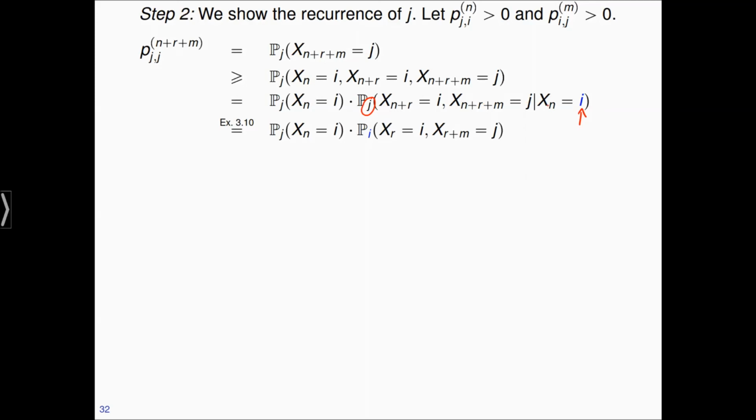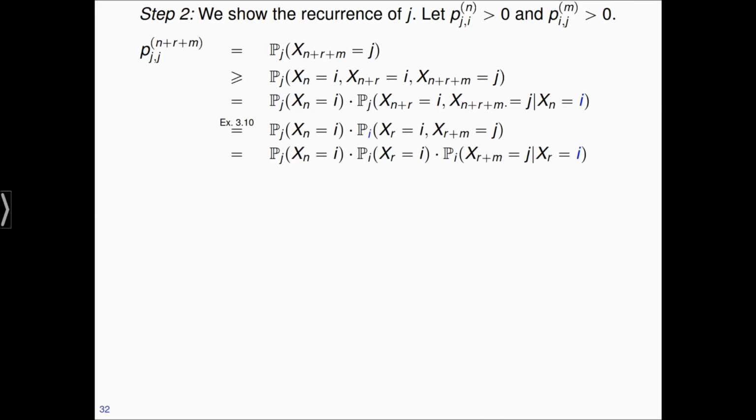It's the same as if you start the Markov chain at time 0 at i, and then you require these conditions, but not at Xn plus r, but at Xr, and so on. I'm going to subtract the n and move all this into 0, because the Markov chain basically starts afresh at time n, so it's the same as starting at time 0 at i and then doing what it's supposed to do.